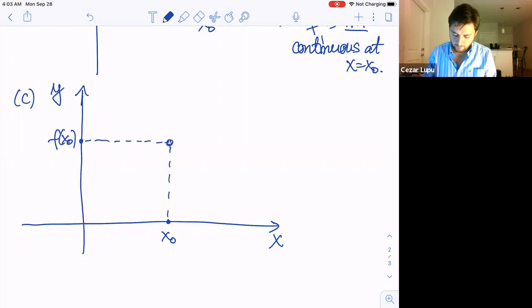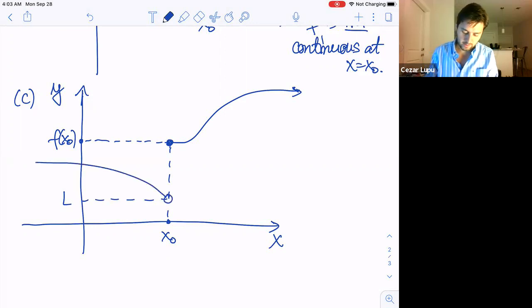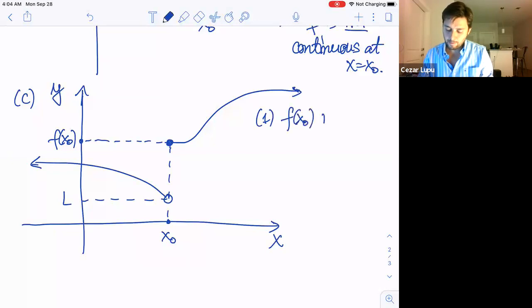So the graph would look something like this. And now here we have the value of the limit. Here we have a hole, let's say. And here the function will look like this. All right, so this is a graph of the function. Well, based on what you see here, first things first, f of x naught is defined, that's clear. We have no problems about this. We don't have any holes, you see here.